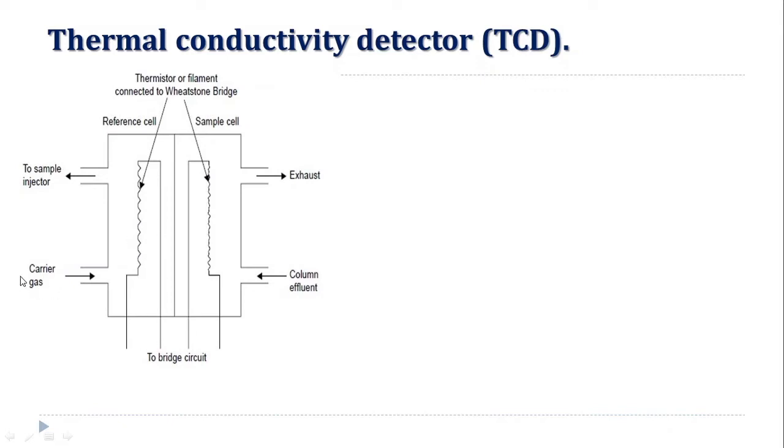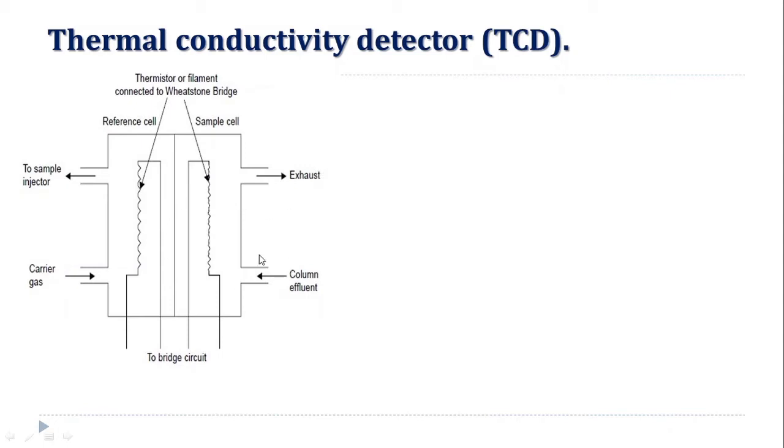Here the carrier gas comes into contact with this bridge circuit, going in through the injector. So this is the reference cell. Here only the carrier gas is in contact with the bridge circuit, while in this part the column eluent comes in contact with the bridge circuit and then exits.